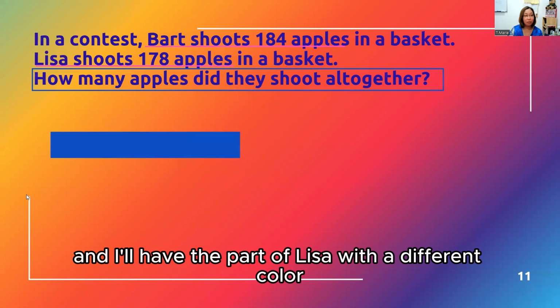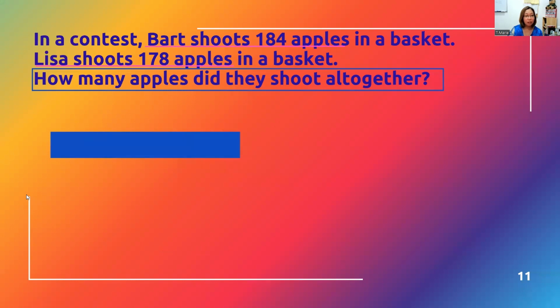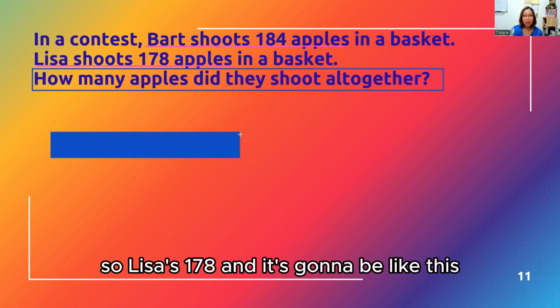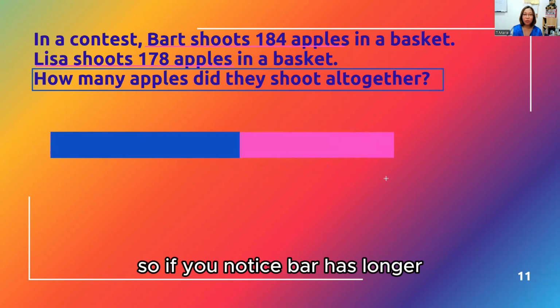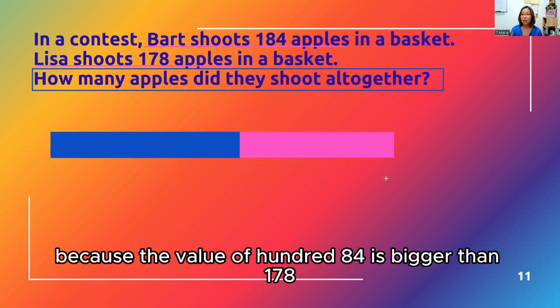And I'll have the part of Lisa with a different color to emphasize it. So Lisa is 178. It's going to be like this. So if you notice, Bart has longer because the value of 184 is bigger than 178.